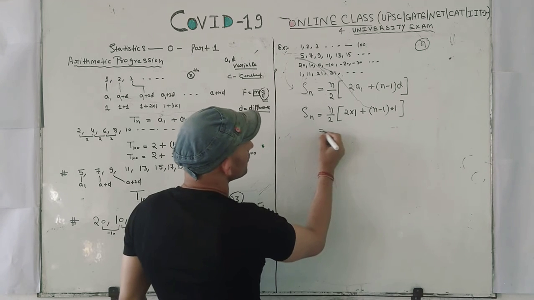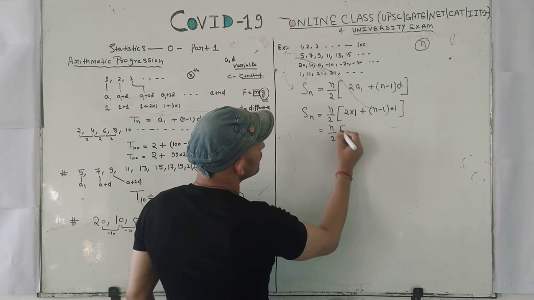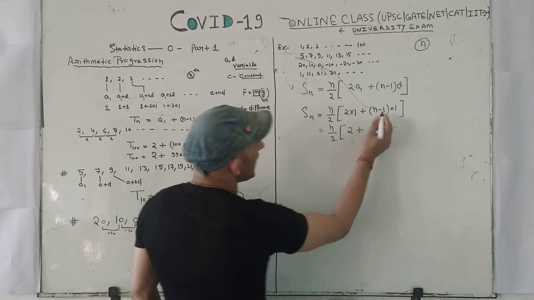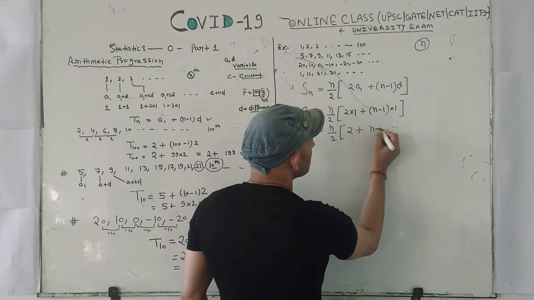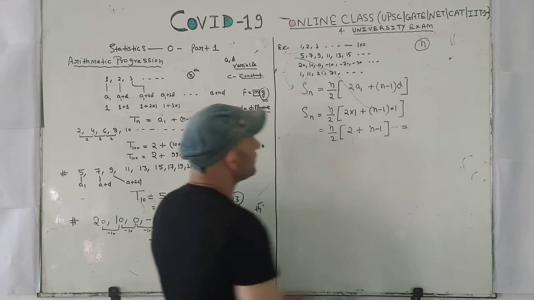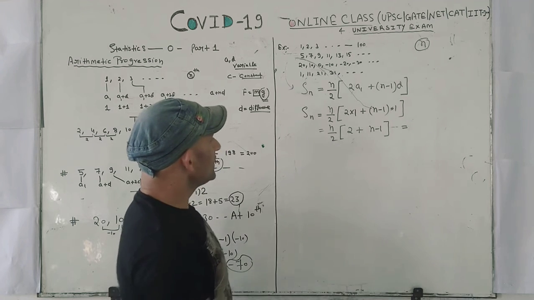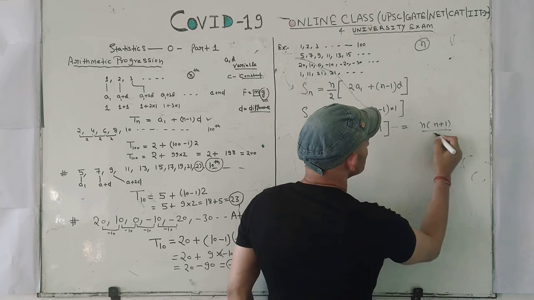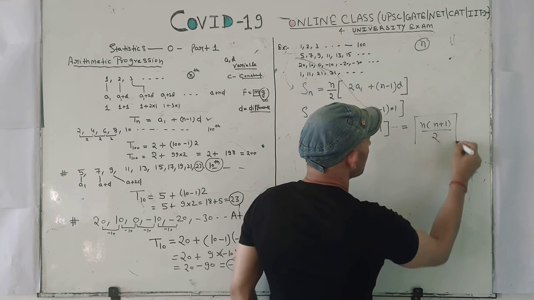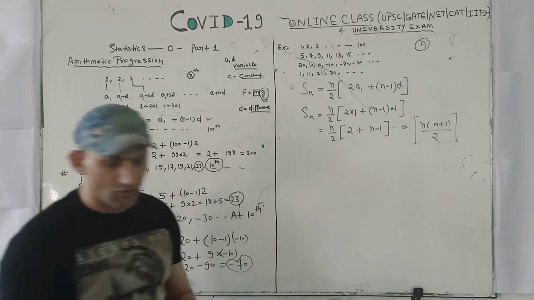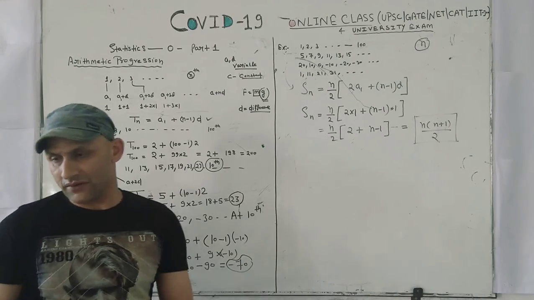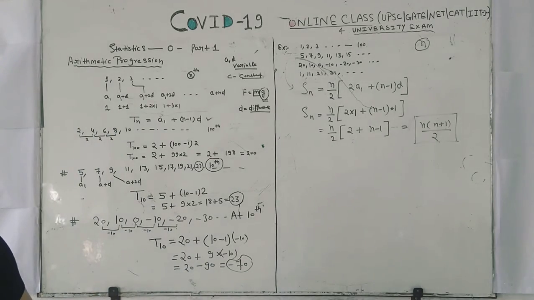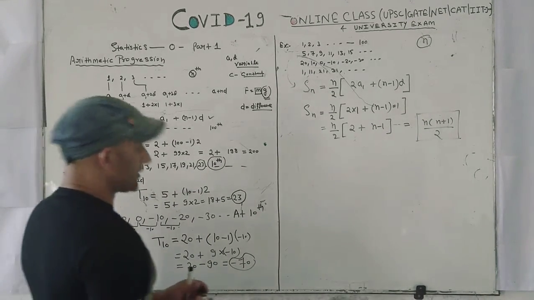Then your value is n upon 2 into 2 plus n minus 1, which is n plus 1. So the sum is n into n plus 1 upon 2. You must remember the sum of the n natural numbers.